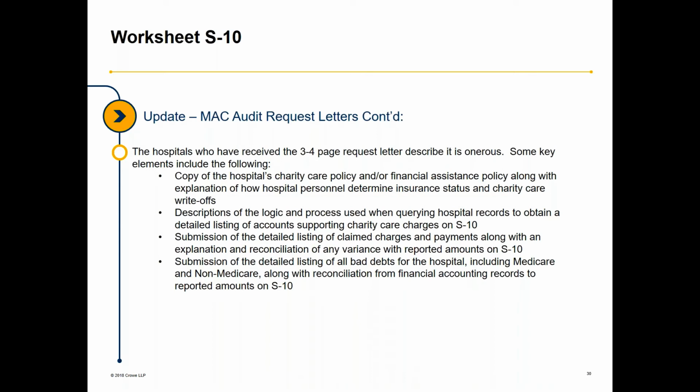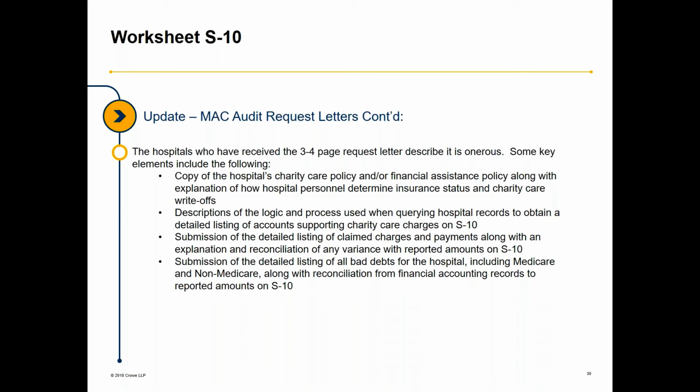Also, descriptions of the logic and processes used to obtain your detailed listing of your charity care charges. Obviously, part of what has to be given is the charity care charges that correspond to what you've reported in the cost report, and how this information was pulled.